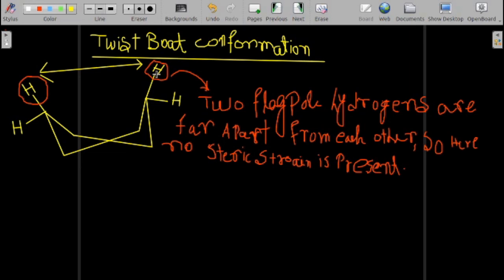So we can say that the twist conformation is more stable than the boat conformation.